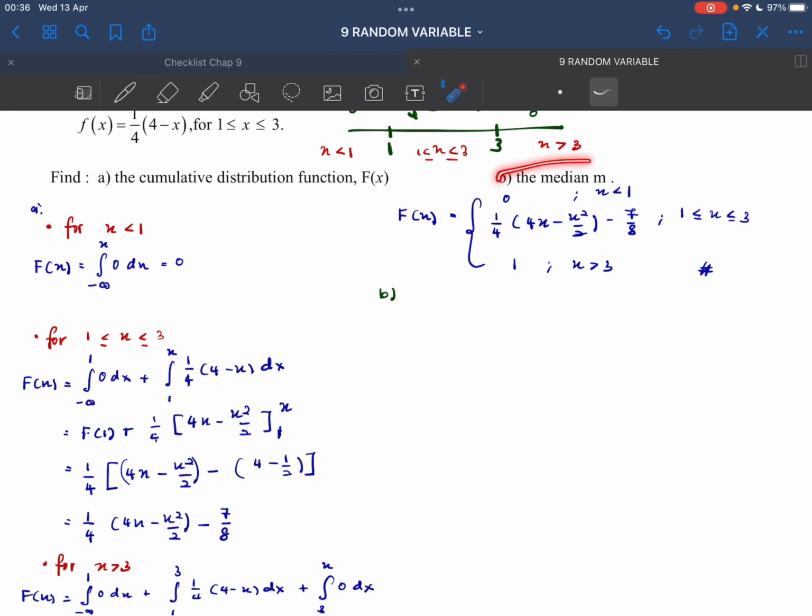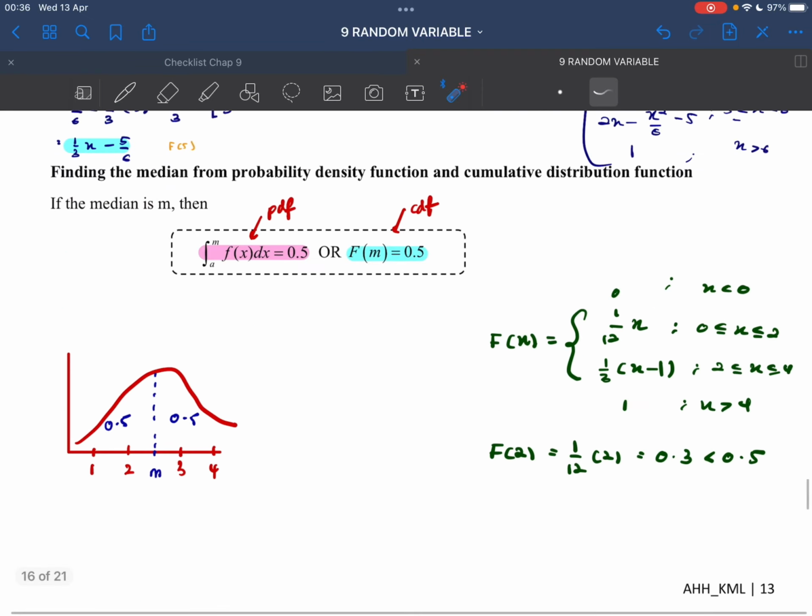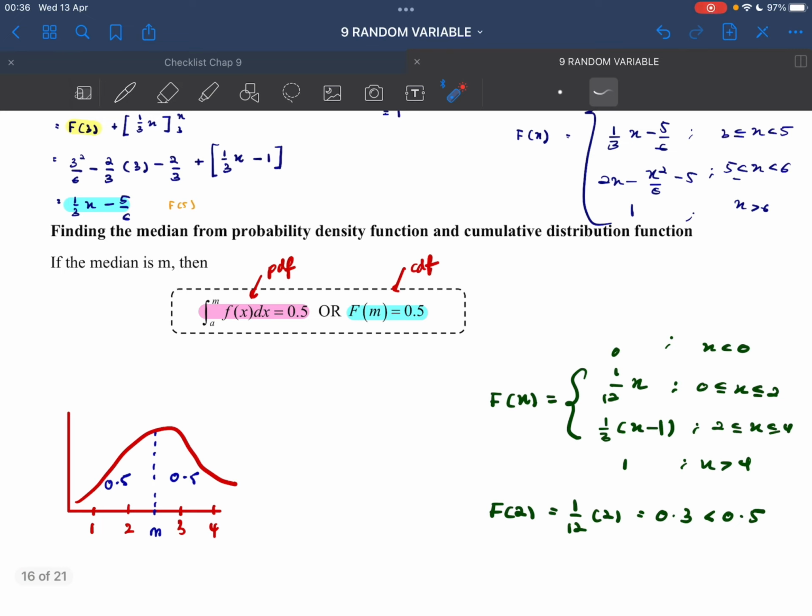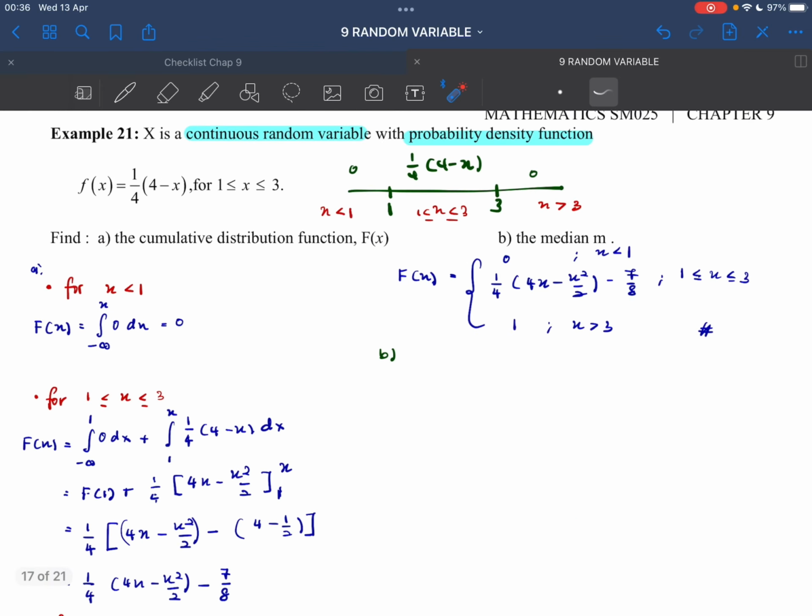Find the median M. We know that we have two ways to find the median: by using the PDF, which is from this formula, and if you have the CDF, we can use this formula. So now we have both. We have the PDF and we already found our CDF.